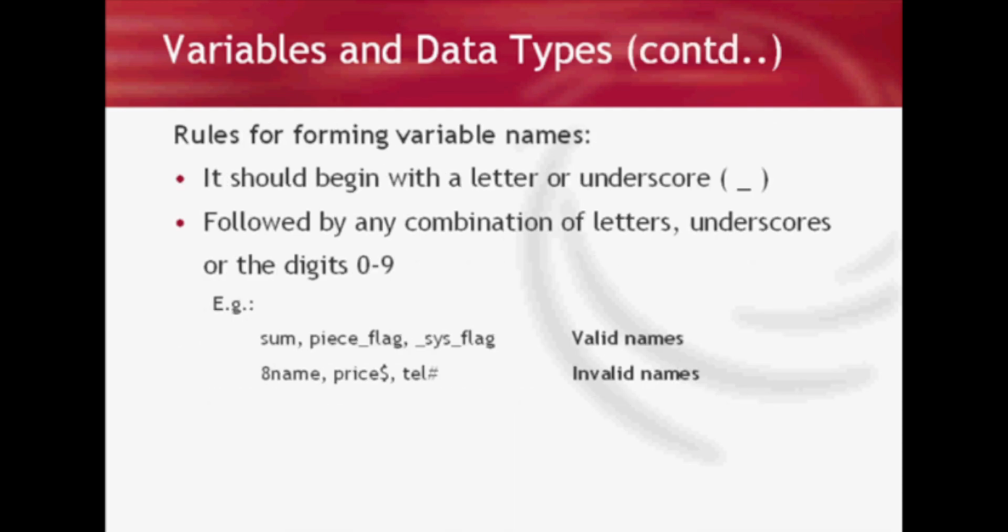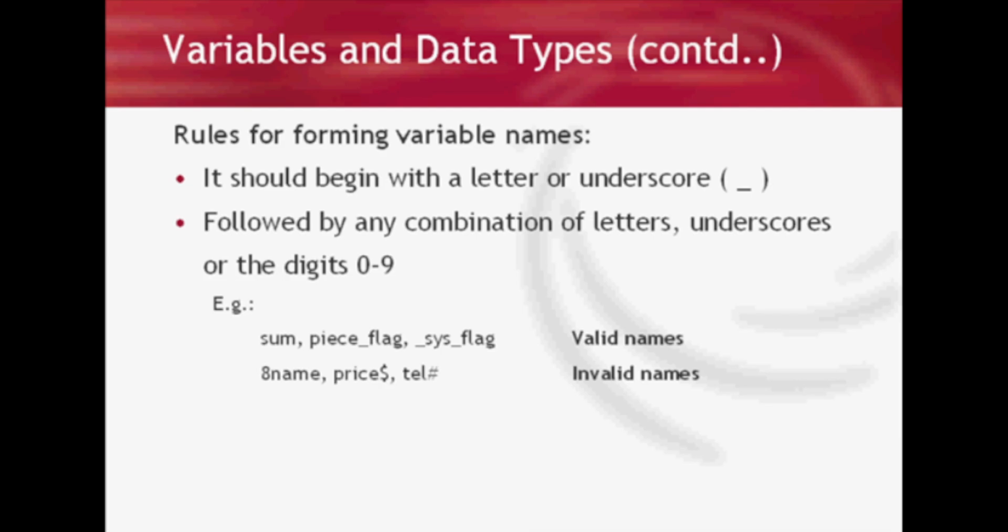The rules for forming variable names are: a variable name should begin with a letter or an underscore. It can be followed by any combination of letters, underscores, or digits 0 to 9.